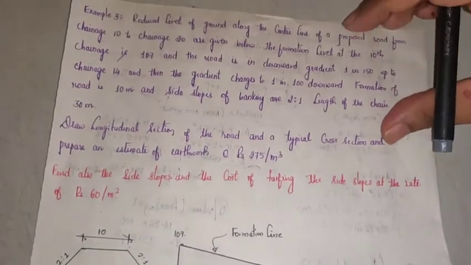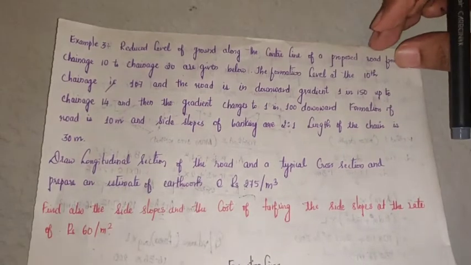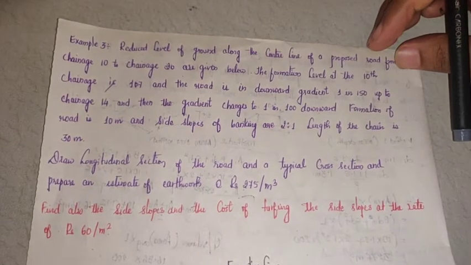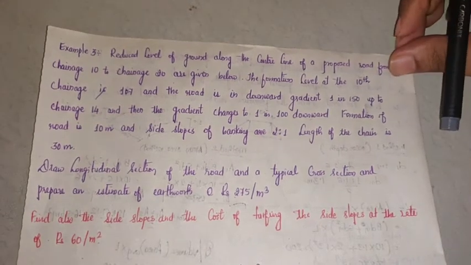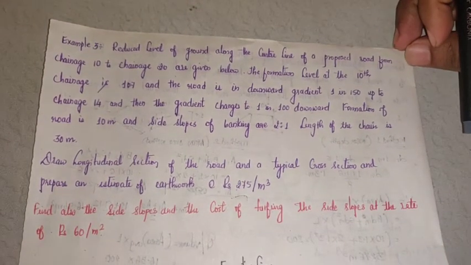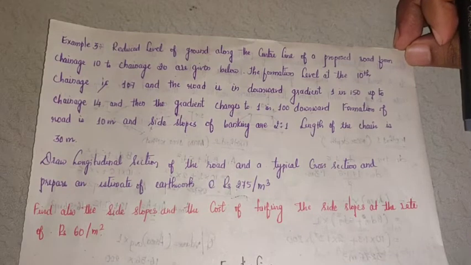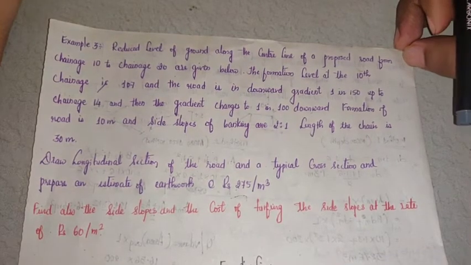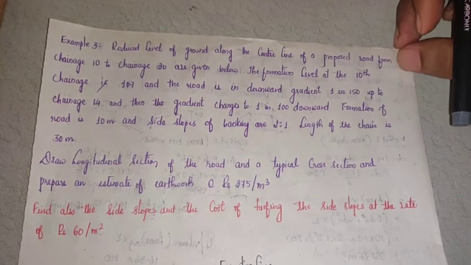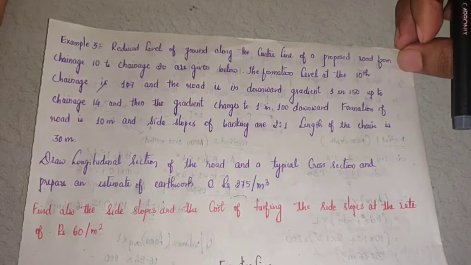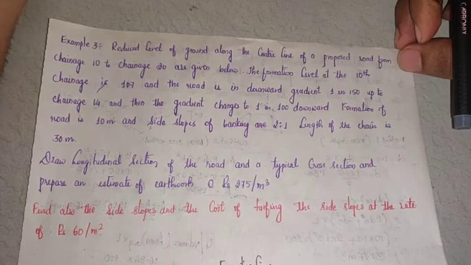So what does the question read now? The survey was carried out along the ground level, where the survey started at chainage point 10 and was continued up to chainage 20. The details within those chainages are given: the formation level at the 10th chainage, that is the starting point, is taken as 107.